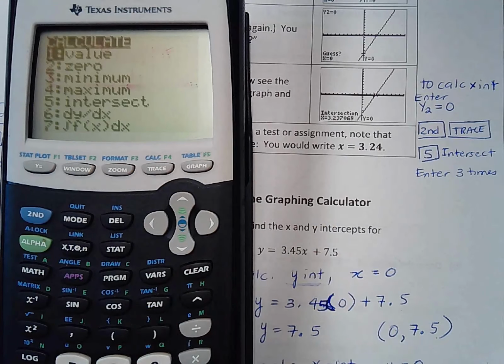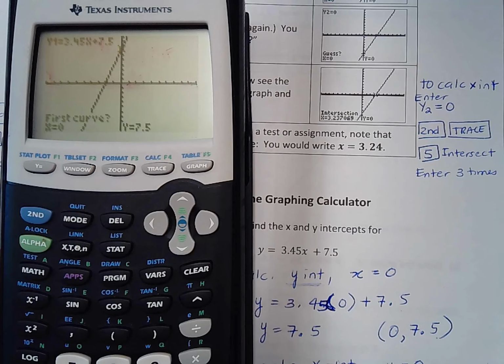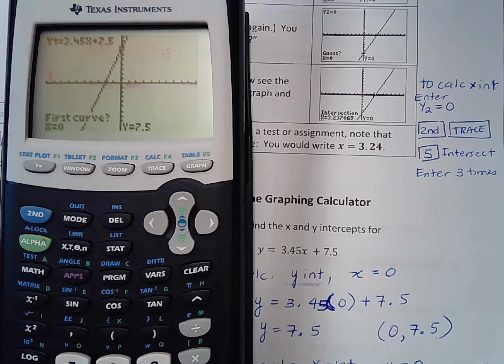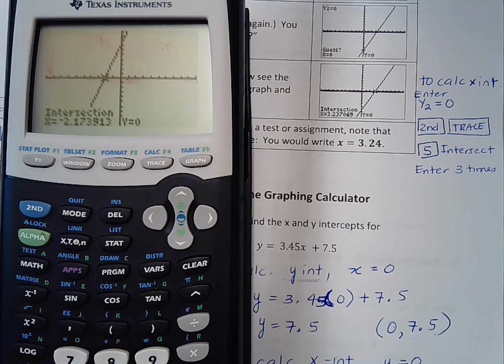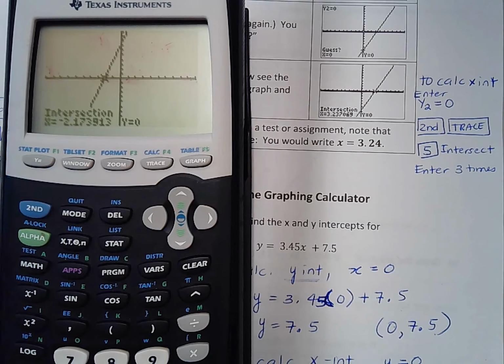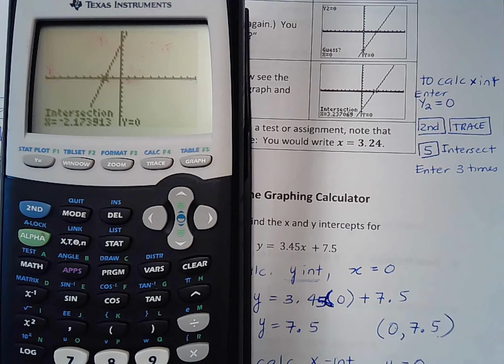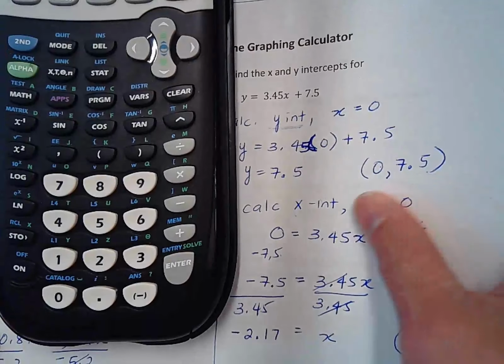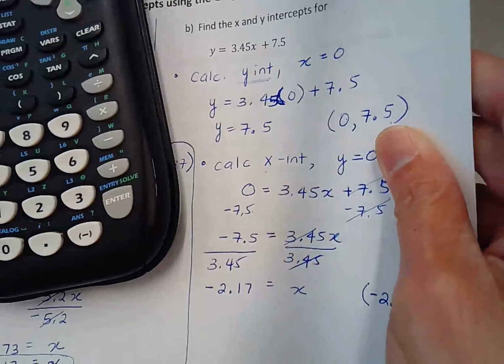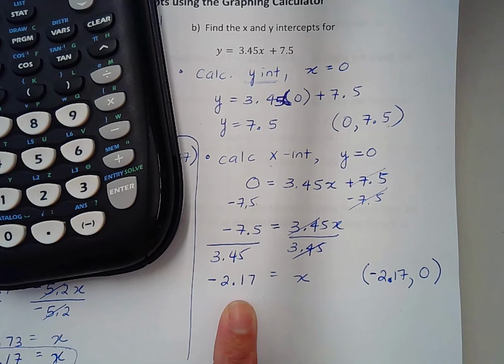Press 5. It's just going to ask you a whole bunch of questions, and the answer is yes, yes, yes. Did we get negative 2.17 earlier? Yeah, so negative 2.17. So that's good.